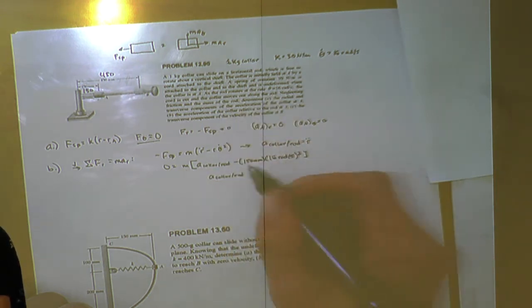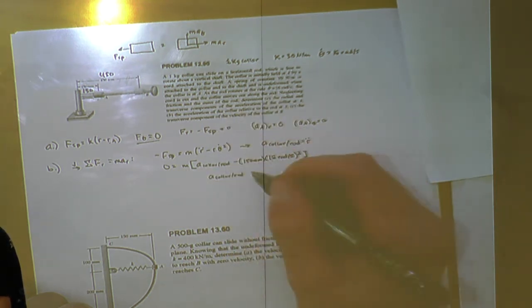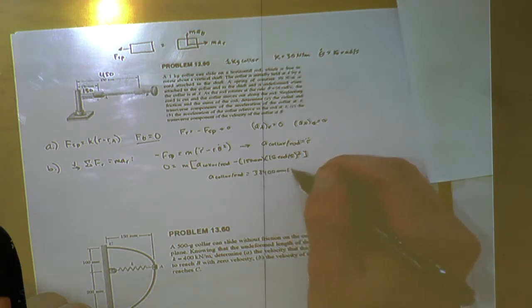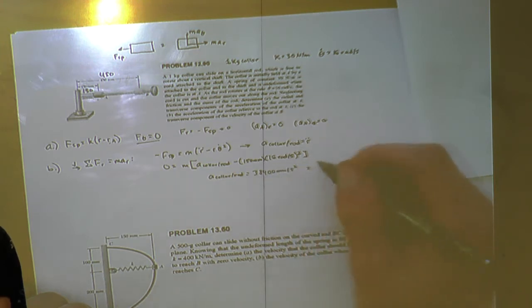The mass doesn't really matter because this has got to be equal to 0. So these two are just equal to each other. It's going to be 38,400 millimeters per second squared, or 38.4 meters per second squared.